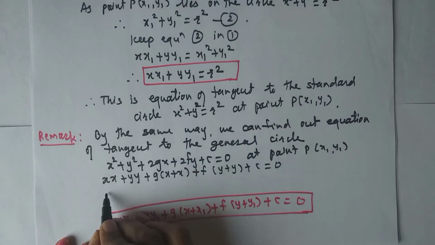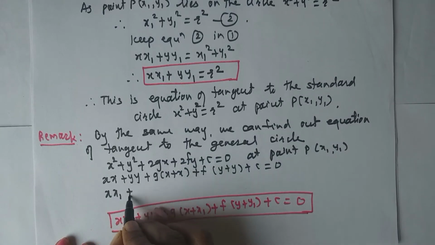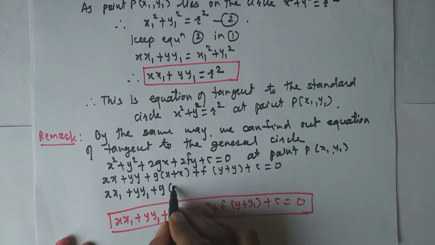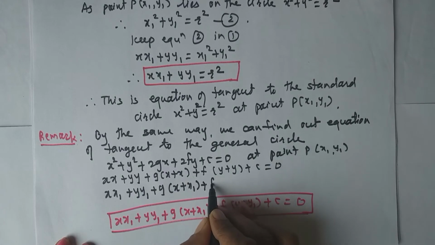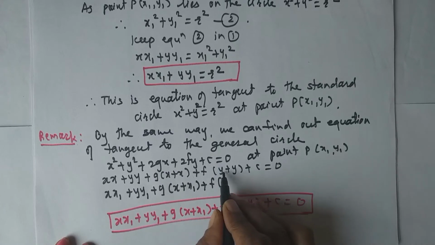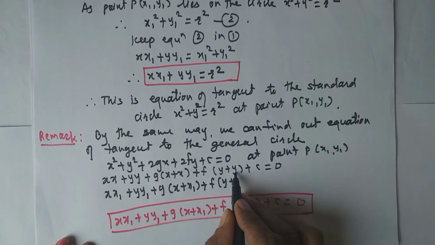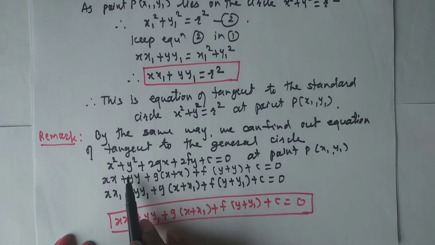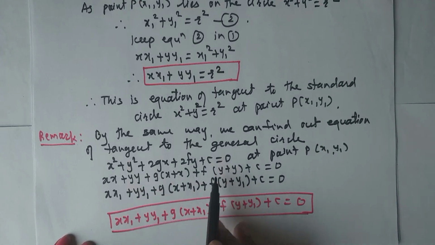Now here keep one of the x as it is and the second x you replace by x1. Keep y as it is and the second y you replace by y1. Keep g as it is, one of the x as it is, and replace the second x by x1. Here keep f as it is, one of the y as it is, and transfer the second y as y1. In a simple way, you can transform this equation of the general circle into the equation of tangent.